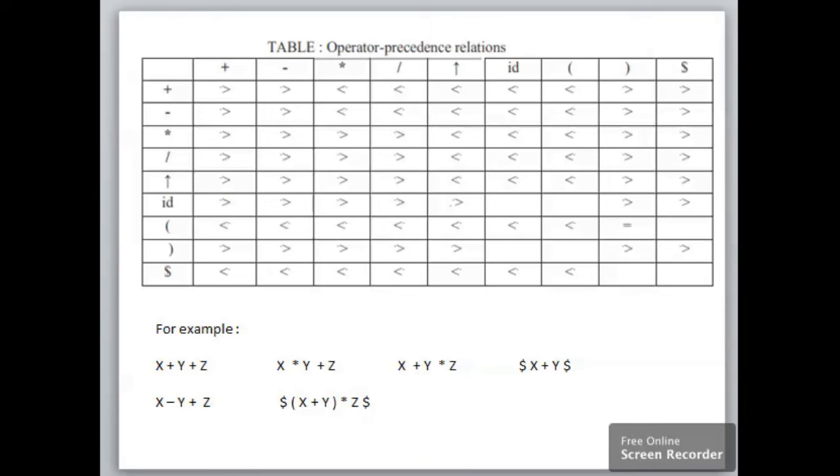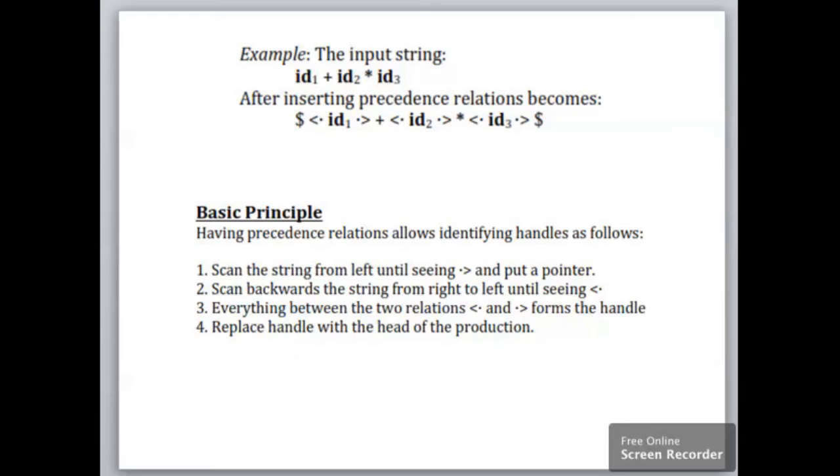Now once we have completed this table, my table is complete. Now what I would be doing is taking one simple example, the input string id1 plus id2 into id3. If this is going to be my input, I would be inserting the precedence relations for the given input.